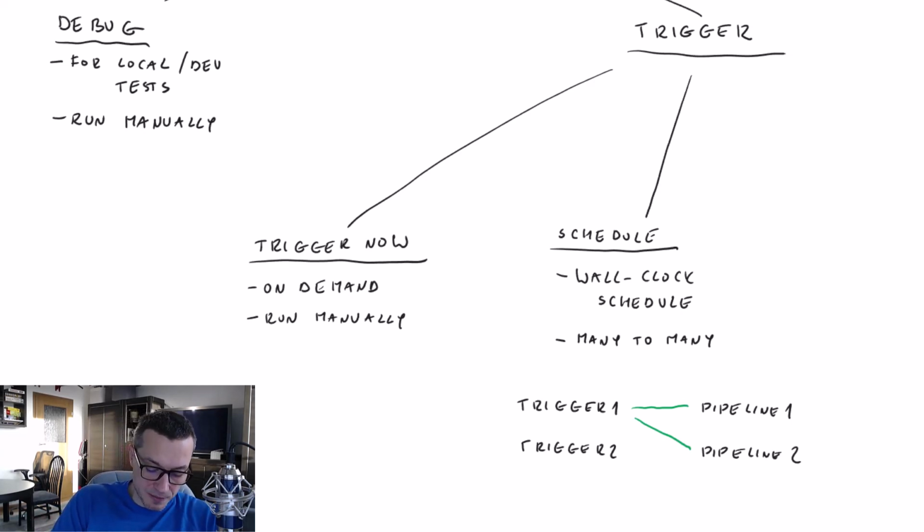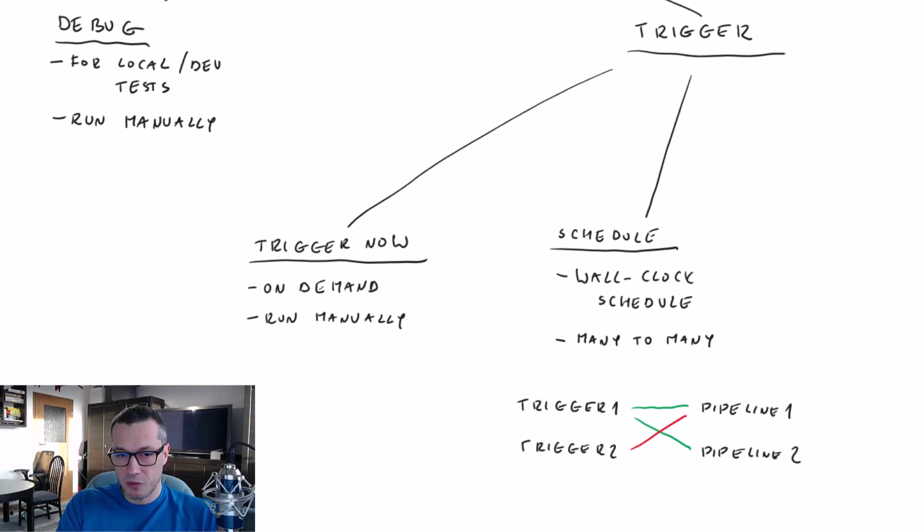And apart from that, let's say we want pipeline 1 to also be triggered by our trigger 2, the one that is executed on the first day of every month. So basically it is a many-to-many relation. And this schedule type of trigger seems simple, but it is very powerful and very commonly used. Let's imagine a batch processing scenario where we want our pipeline to be executed every day at midnight. Well, that's the perfect case for this schedule trigger.